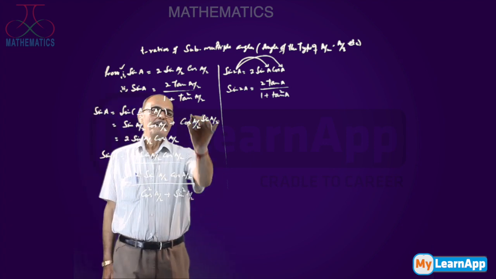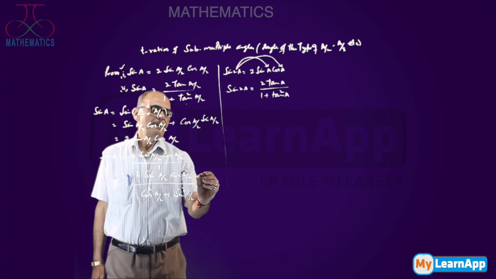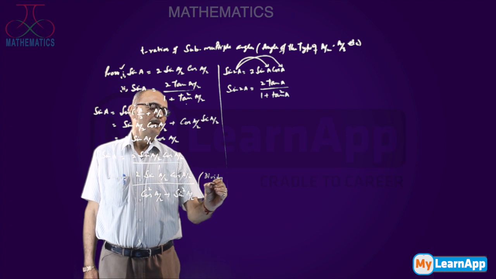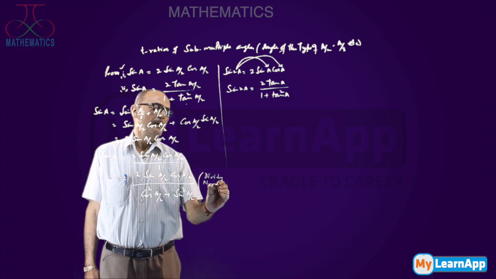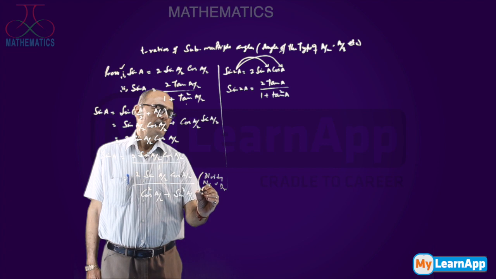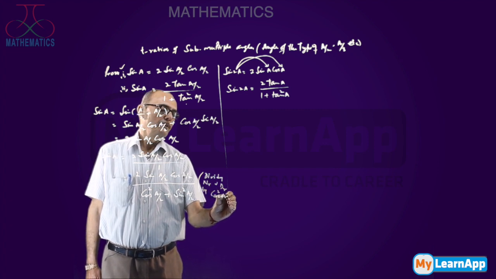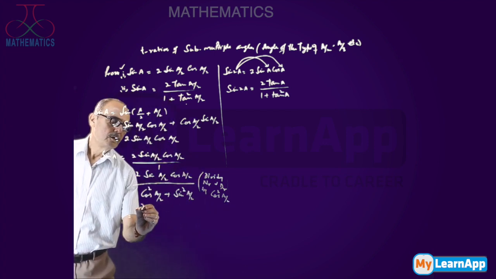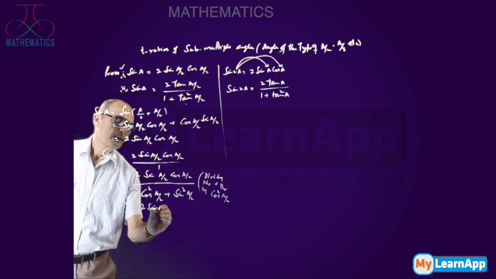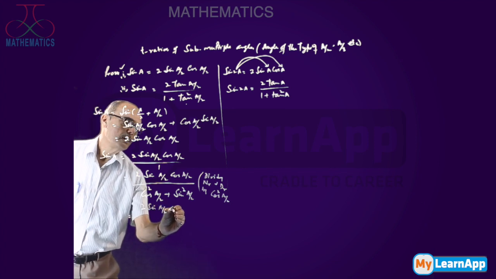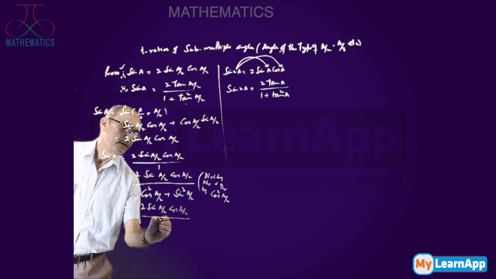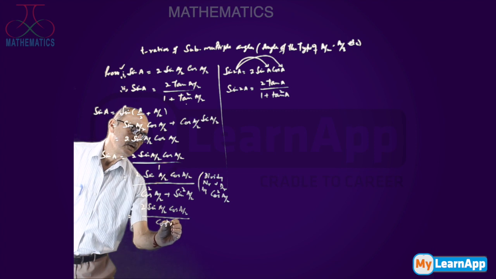So, to obtain tan here, dividing numerator and denominator by cos square A by 2, we have 2 sine of A by 2 cos of A by 2 divided by cos square A by 2.